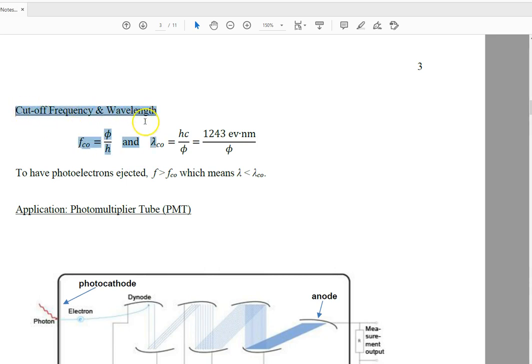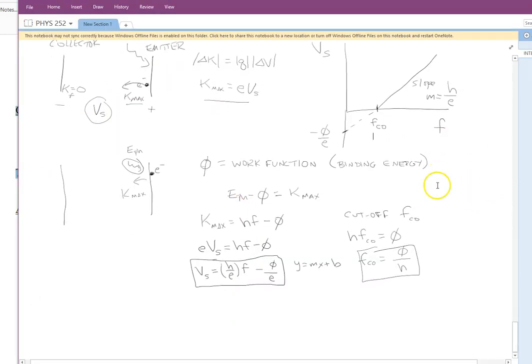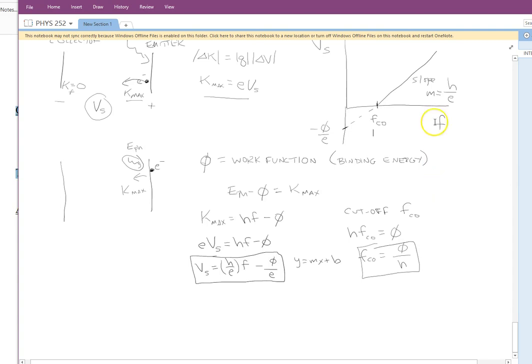That's where we summarized the idea of the cutoff frequency and wavelength. Oh, I guess I should mention the wavelength. Let me do that. Let me just finish by saying that in the next video, we're going to talk about the PMT, the photomultiplier tube. But let me make sure you see where this cutoff wavelength comes from. So we have the idea of the cutoff frequency right here, boxed.